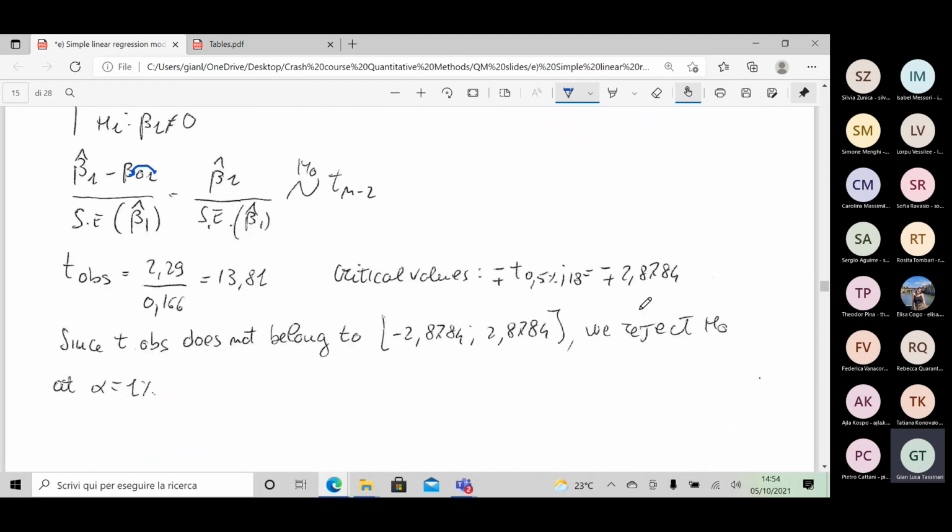I simply reported here the same critical values, but as you can see, this falls outside of the interval with extremes -2.878 and +2.878. So again, we reject H0 in favor of H1. But which is the meaning?